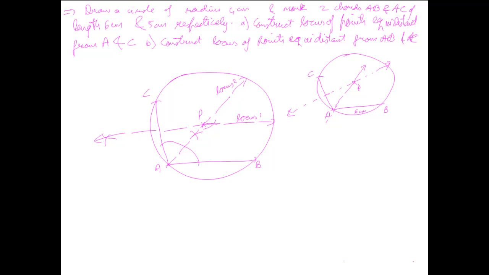This is another question, children. Construct triangle ABC in which AB equals 5 centimeters, BC equals 8 centimeters, angle ABC equals 60 degrees.